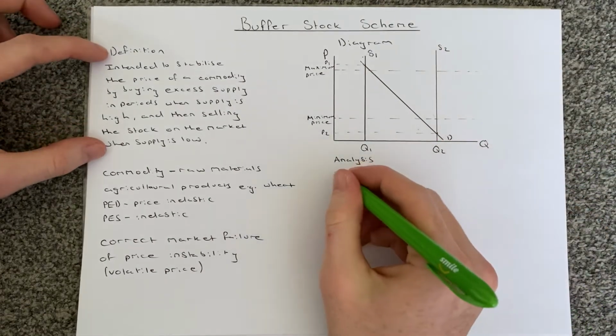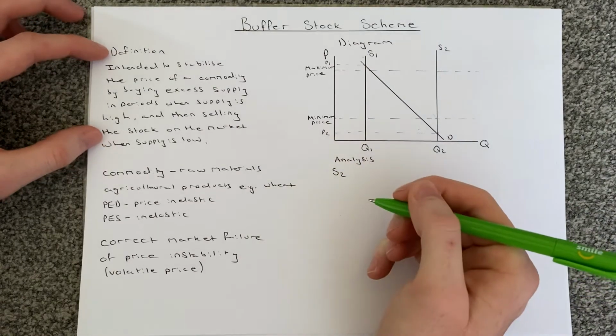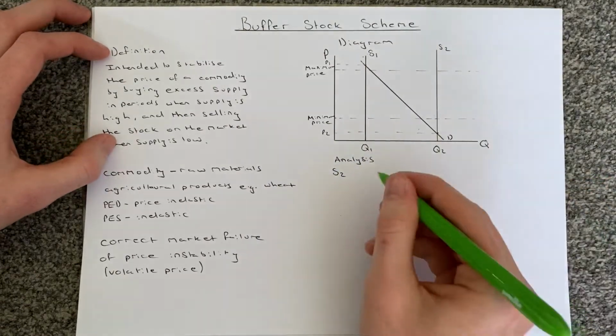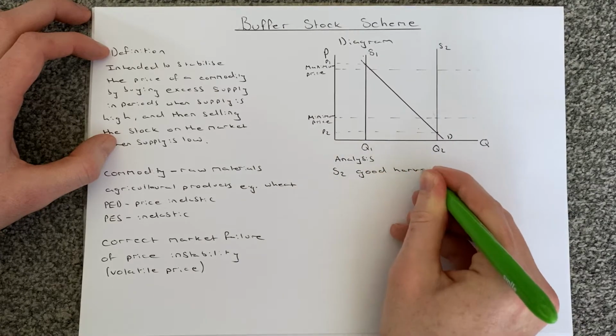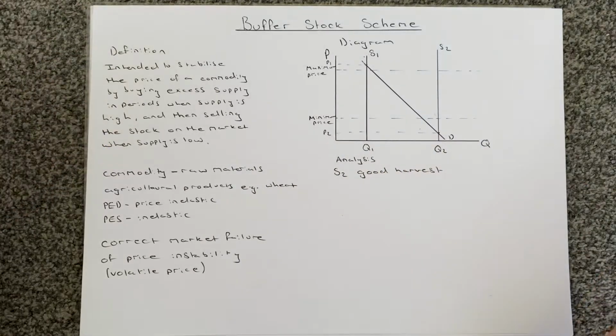So S2 is going to be representative of a particularly good harvest, taking into account that we're focusing on an agricultural product.